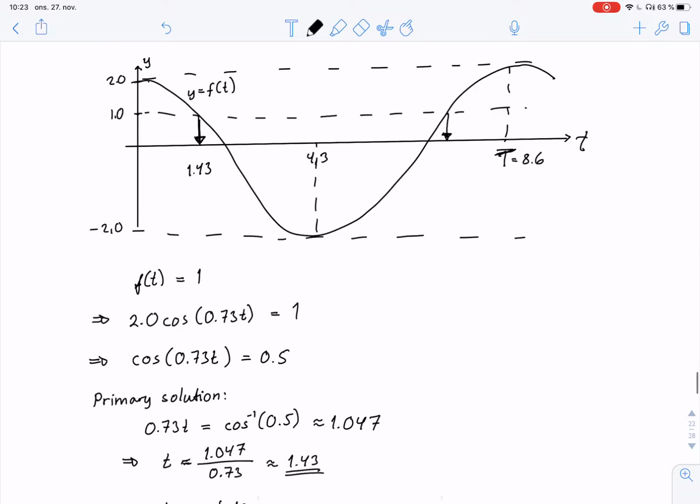The secondary solution is where we are to find what we have here. And there's several ways to do that. The simplest way is simply to take the length here and then realize that that has to be equal to the length here. So we subtract 1.43, our primary solution, from the period.